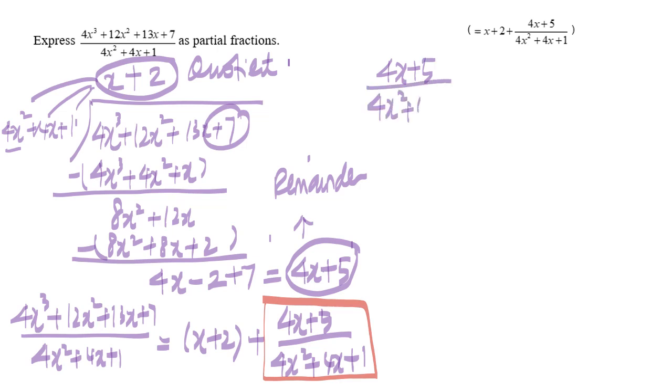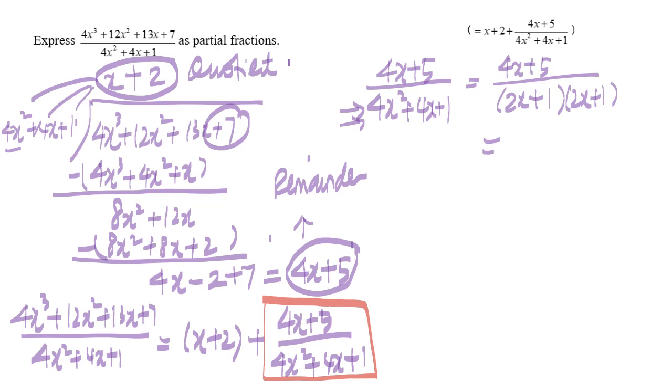First of all, let's look at your denominator. If you look at the denominator, we can actually factorize it further. This is actually a quadratic denominator. We can factorize it into 2x plus 1 and another 2x plus 1.